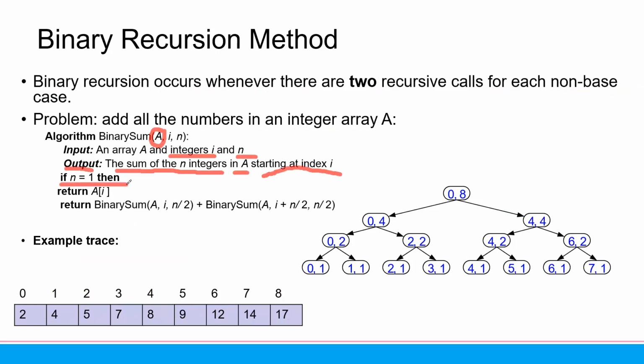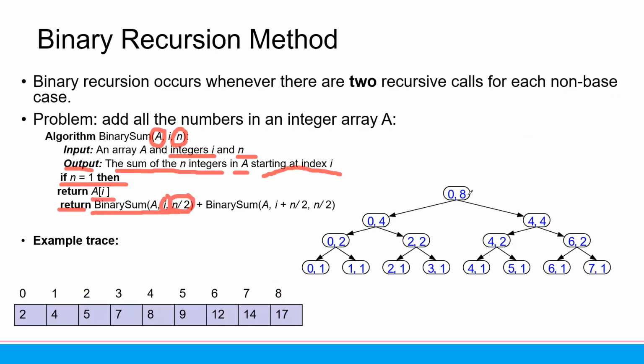If n equals 1, it means we have only one remaining value, so we just return A[i]. Otherwise, we do the binary sum of A, starting from index i, for n divided by 2 elements.